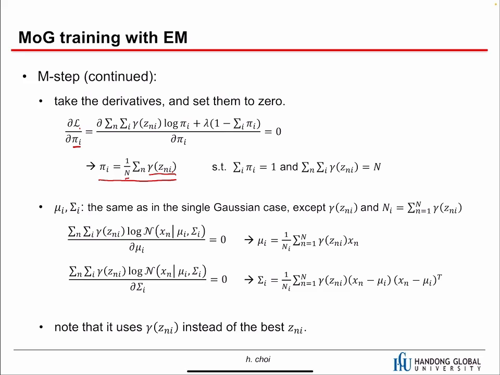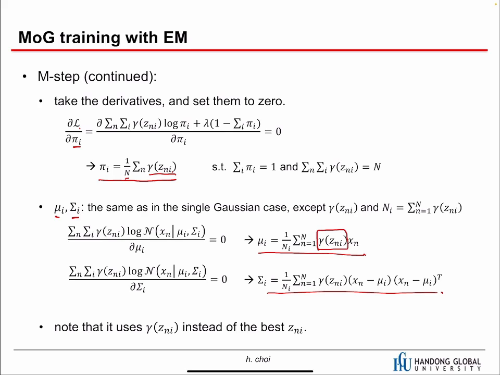And for mu and sigma i, it's basically the same as in the single Gaussian case. Take a derivative and set it to 0, and we will get this one and this one. But look at this one: we introduce a new responsibility term here.